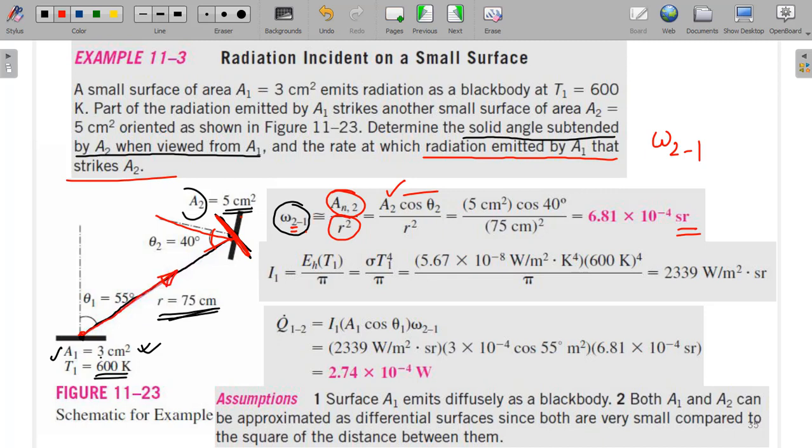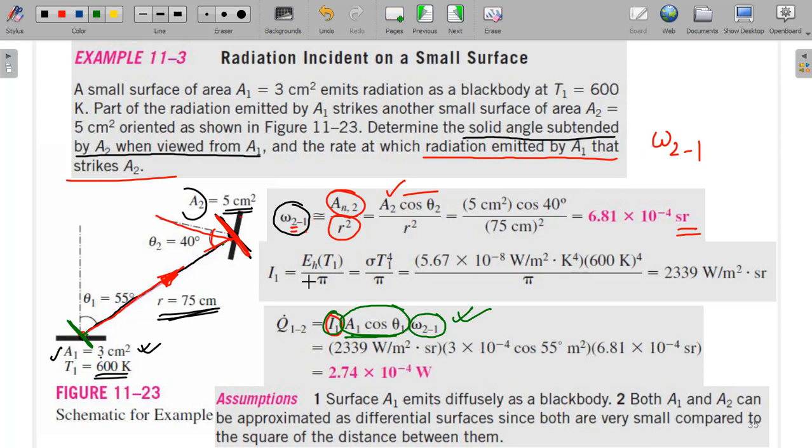If you can find the intensity in that direction, then simply multiply that intensity by the normal area, which is A1 cos theta, multiplied by the solid angle in that direction, that is omega 2 1, that we have already calculated. A1 and theta are given, so the only thing you have to find out is the intensity in that direction. We know how to find the intensity, since we are considering a diffuse surface, so in all directions the intensity is the same.